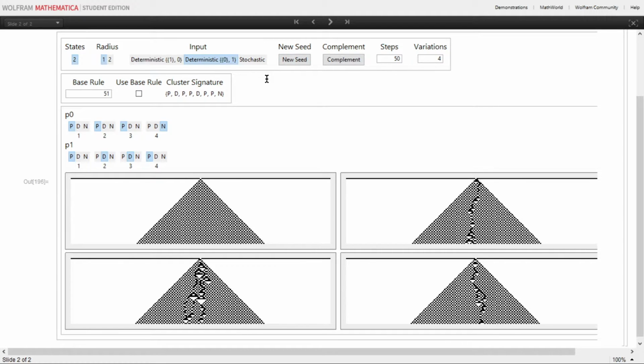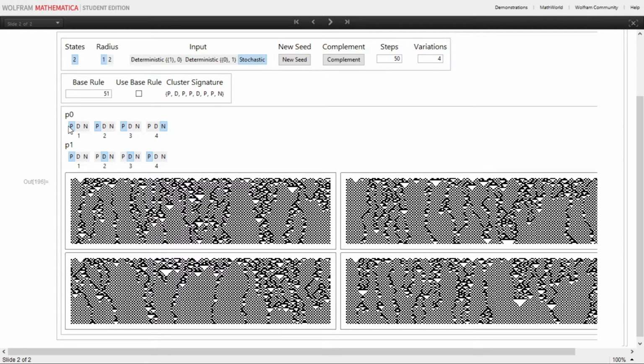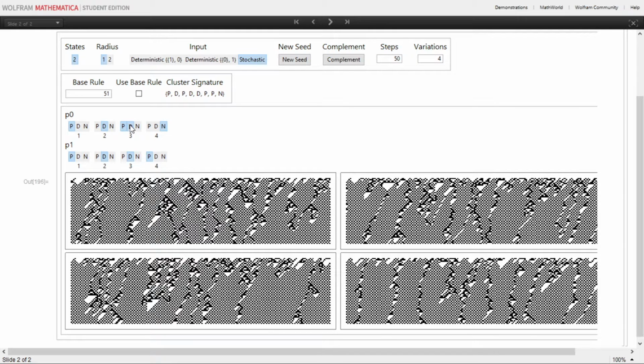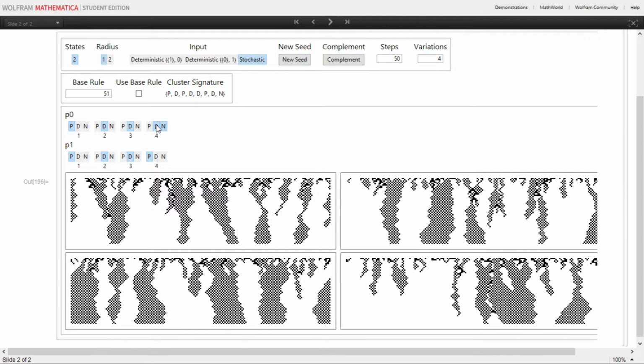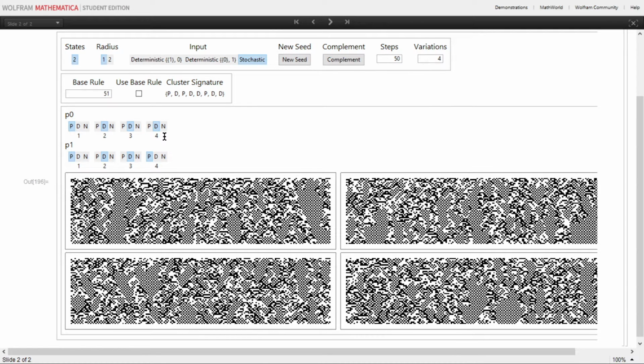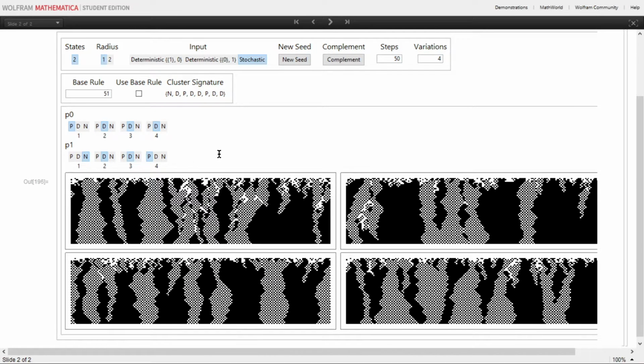Another one. We call this one rips on a veil, which is stochastic. We do P, D, D, D, and D, D, P. That's it, right?